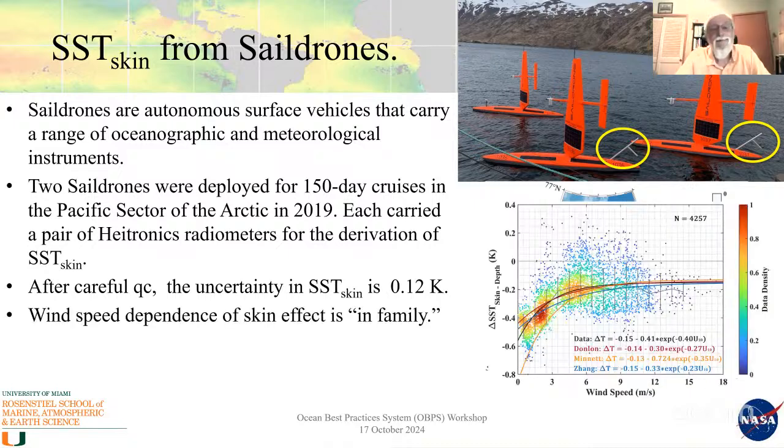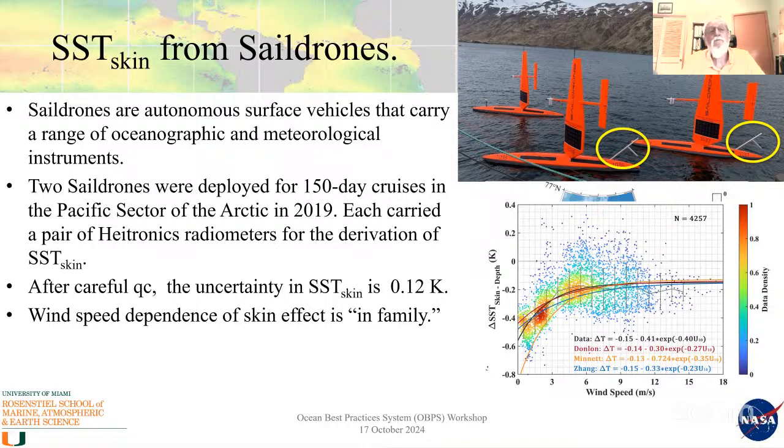And even though Sandra is correct that the wind speed dependence doesn't have all of the information that you really need to predict the skin temperature, what we show here is that the black line agrees very well with many of the other independent data sets derived from ship-mounted radiometers.